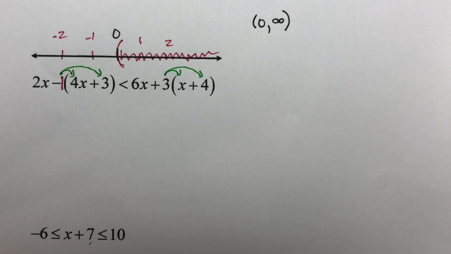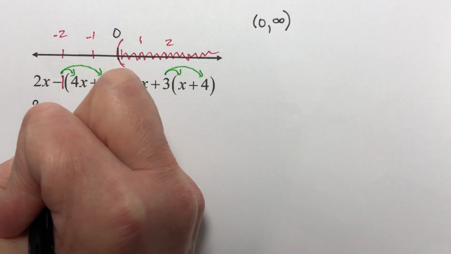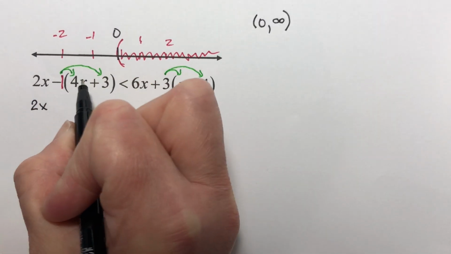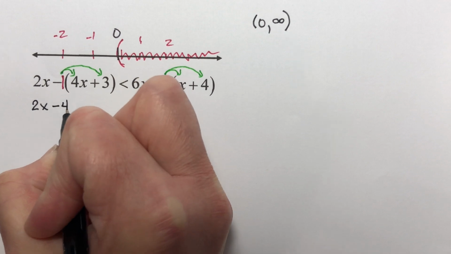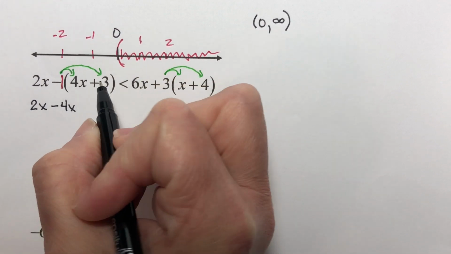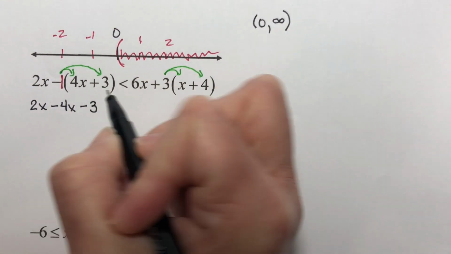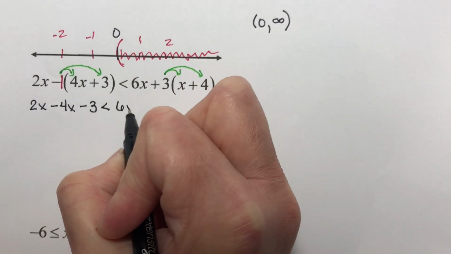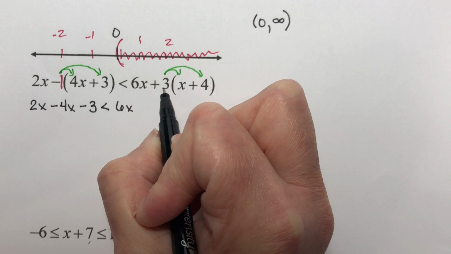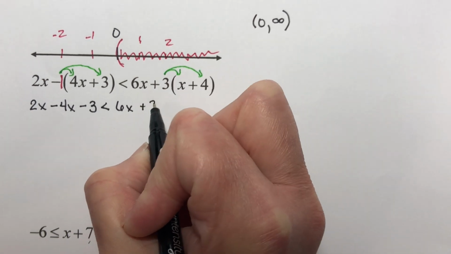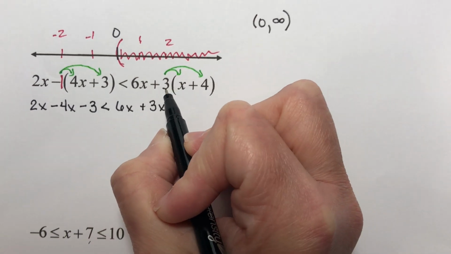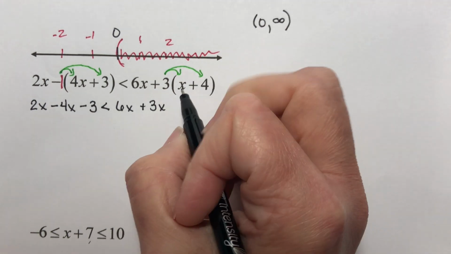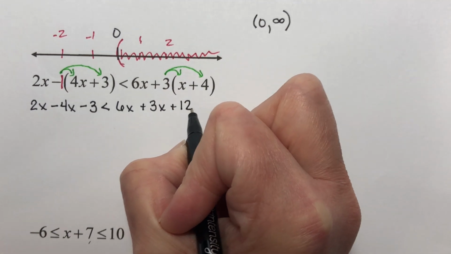So I have 2x, -1 times 4x will be -4x, -1 times 3, -3, is less than 6x, +3 times x is +3x, 3 times +4, that's a +12.